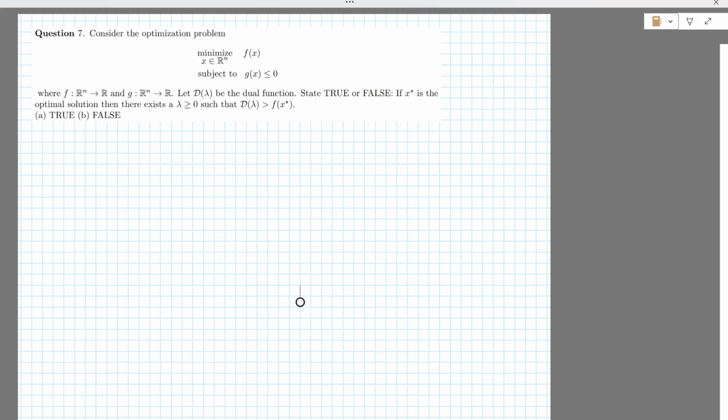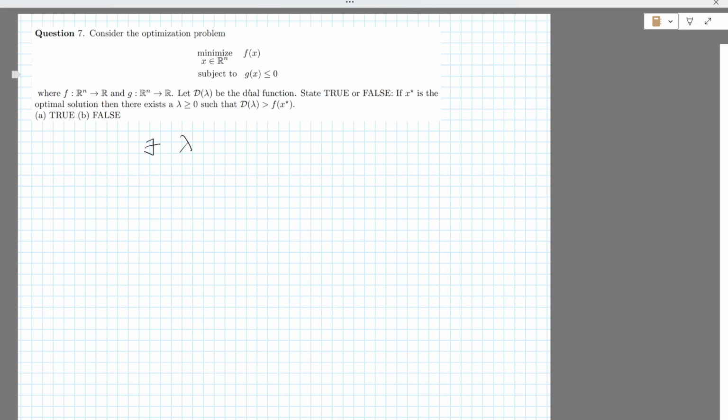So what we are saying is there exists some lambda.